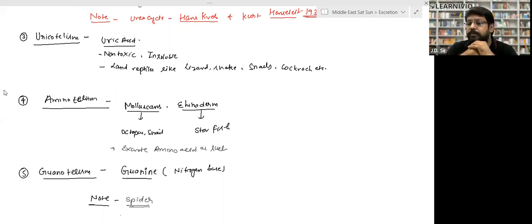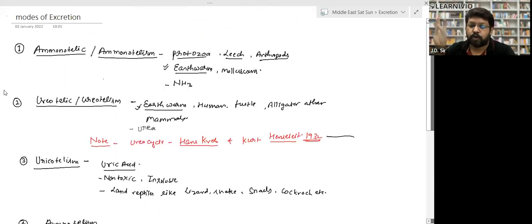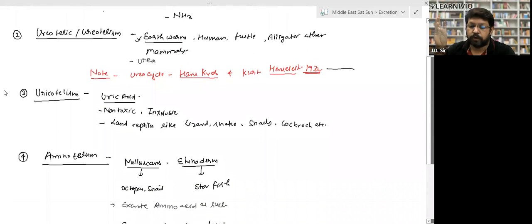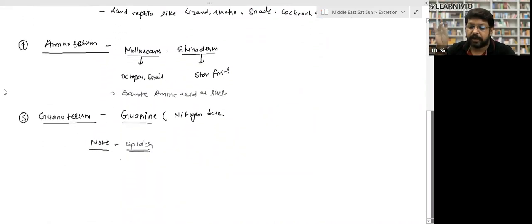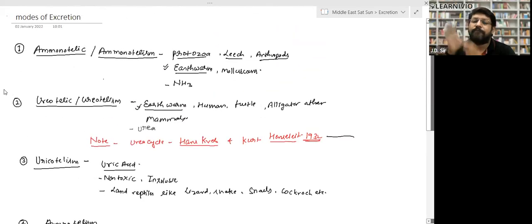In guanotelism, those animals remove nitrogenous waste in the form of guanine. Guanine is a nitrogenous base substance, right? Example is spider. So excretion in this world is of 5 types: ammonotelic, ureotelic, uricotelic, aminotelic, and guanotelic. So there are 5 kinds of excretion, right?